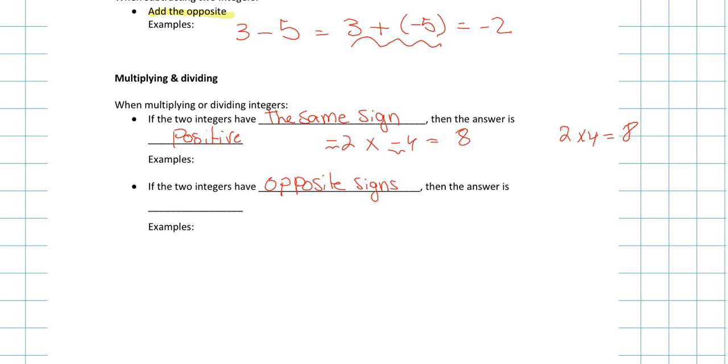So if I have, let's say, negative 3 times 5, my answer is going to be negative 15. Now if I have, let's say, 12 divided by negative 4, my answer is going to be negative 3. A positive and a negative, when I divide them or multiply them, is going to give me a negative answer.